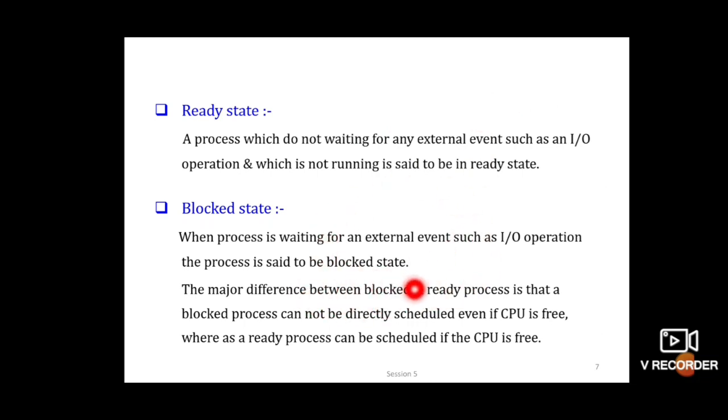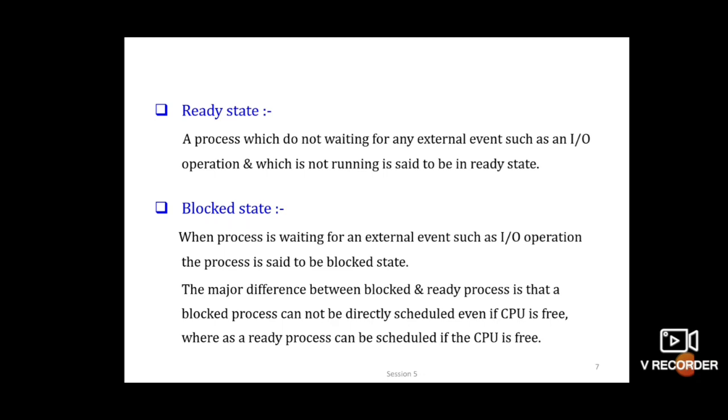So it is not directly scheduled. If the CPU is free, it does not enter the CPU, because in the block state the process has not completed its input output operation, but in the ready state it has. So it is directly scheduled to the CPU when the CPU is free.